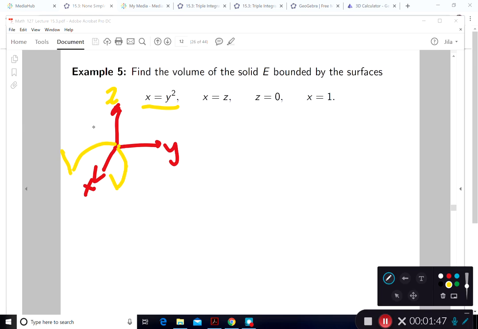But when it cuts through the cylinder that we have, it cuts through it in that shape. And then we also have x equal to 1, which is a plane that goes through this. So the entire shape becomes this. And then you have z equal to 0, which is the bottom of that.